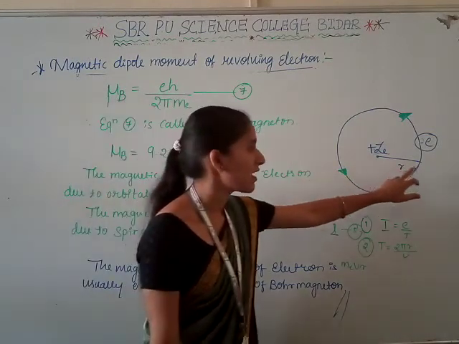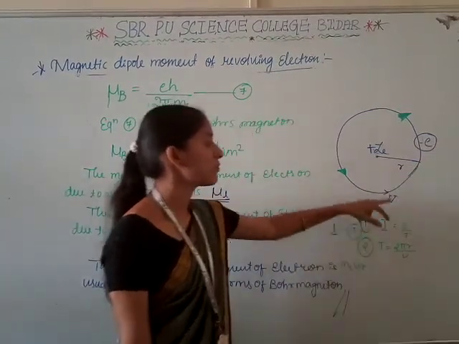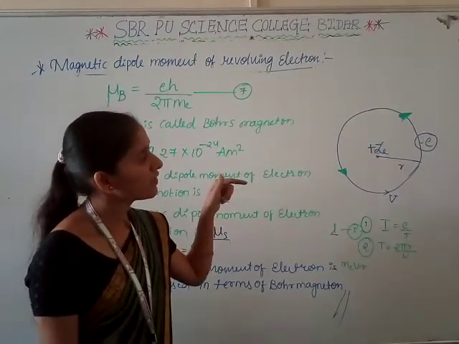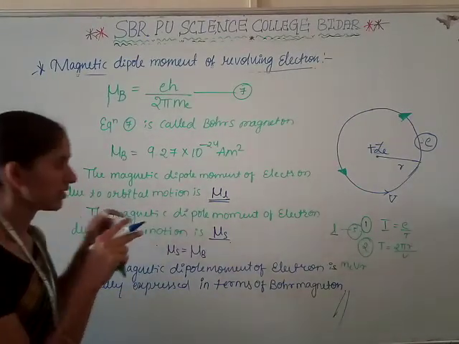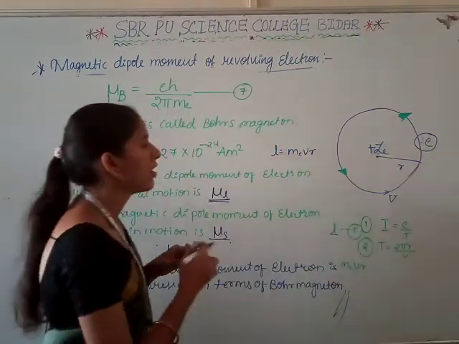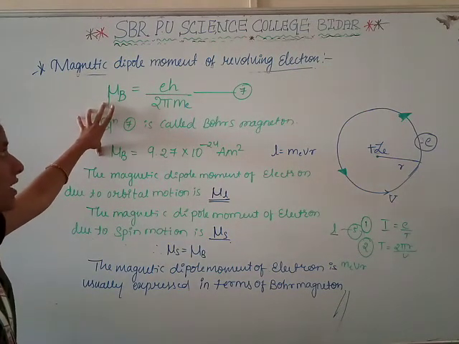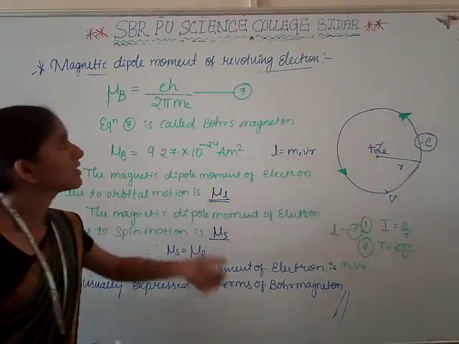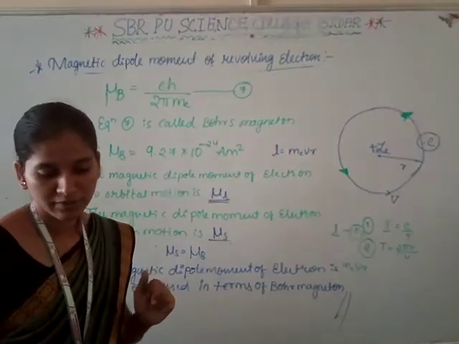It has a radius r from the center to the electron's circular orbit, and it moves with orbital speed v. In uniform motion it has angular momentum L is equal to me into v into r. By using that we find the Bohr's magneton, that is mu B is equal to e into h divided by 2 pi m.